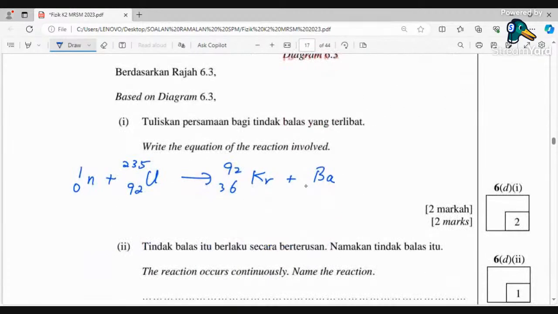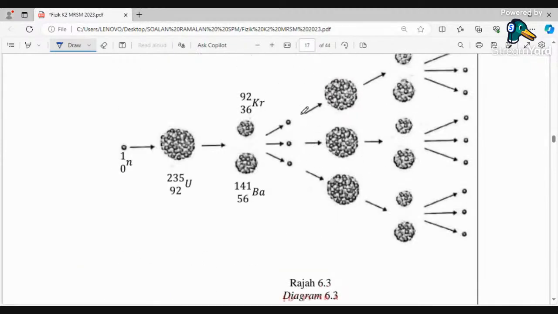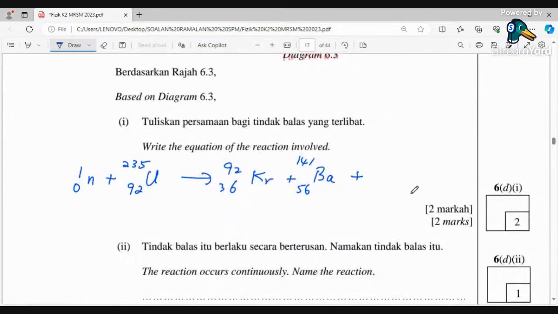One for 156. Okay, plus 3 neutrons. It produces 3 neutrons. Okay, of course there is also energy. Okay, so this is the equation for the reaction we call fission.